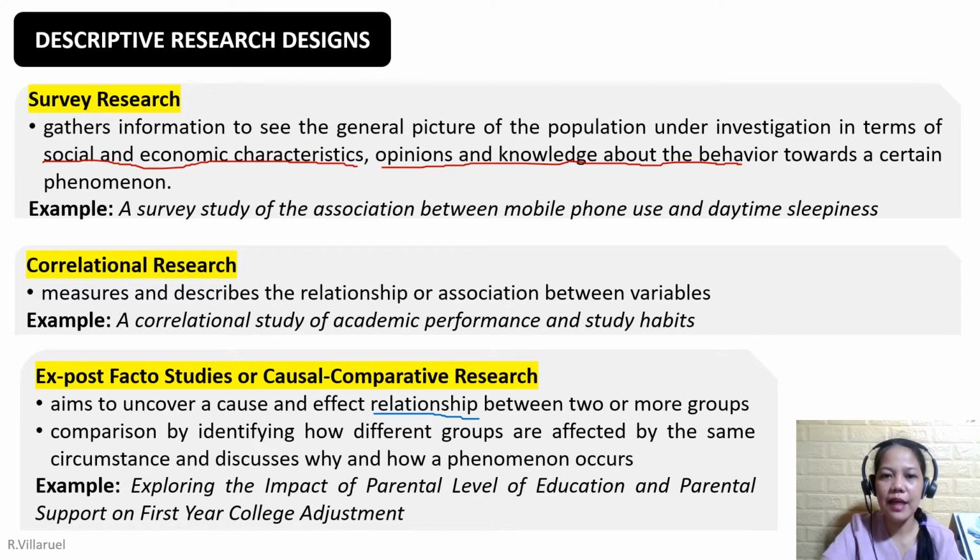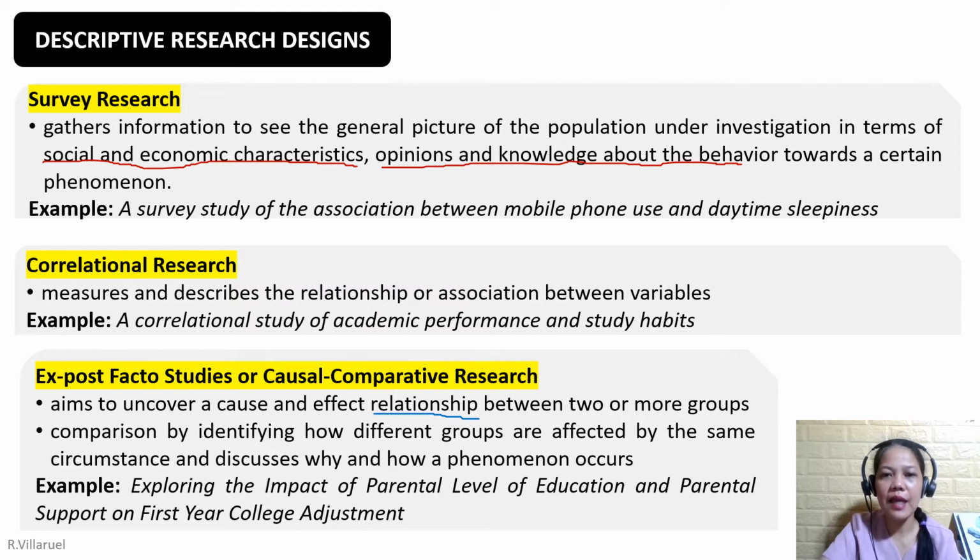While causal relationship and correlation can exist at the same time, correlation does not imply cause and effect. Ang ex post facto studies, it applies to cases wherein si A causes B. So, meron tayong cause and effect relationship. Ang correlation naman, simply about relationship.